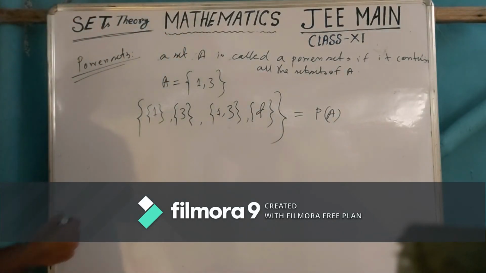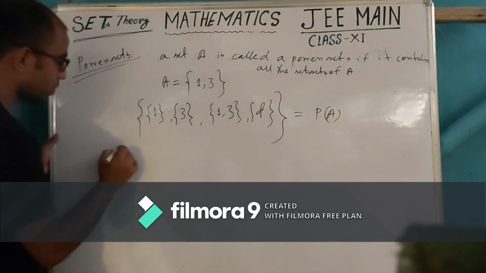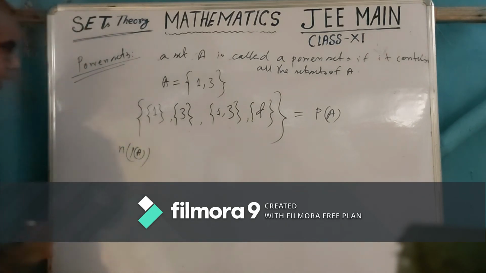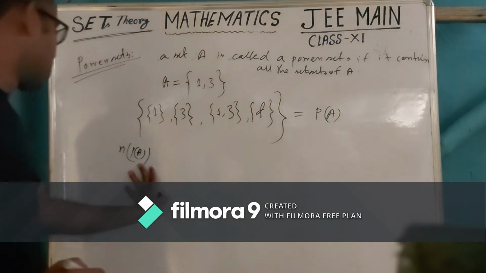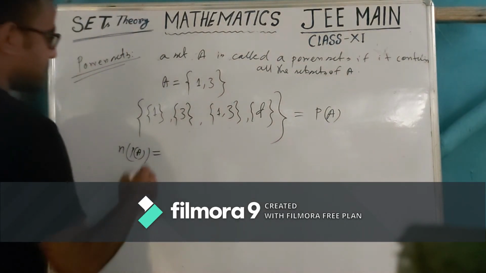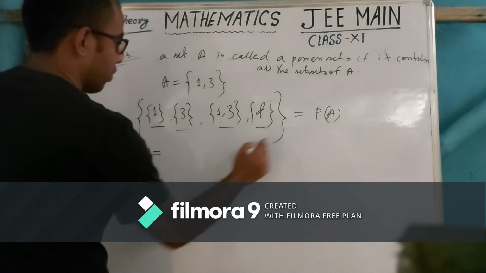Now n of P(A): that means the power set contains what number of elements? We see 1, 2, 3, 4, four elements.